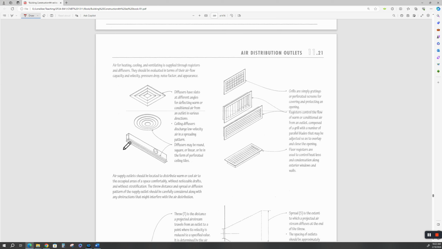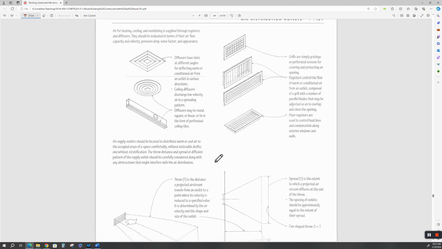We saw diffusers like this when we talked about suspended ceilings, did we not? Where the suspended ceiling was actually an air supply, intake and return and supply grid hidden into the suspended ceiling, where the ceiling tiles would hook into here, and this would be your support grid periodically throughout your suspended ceiling.